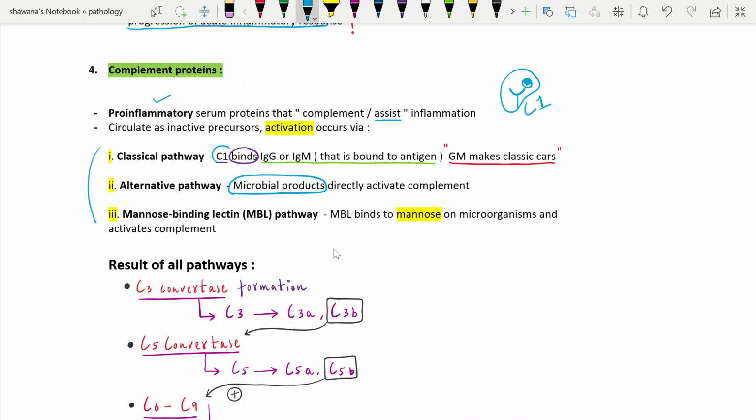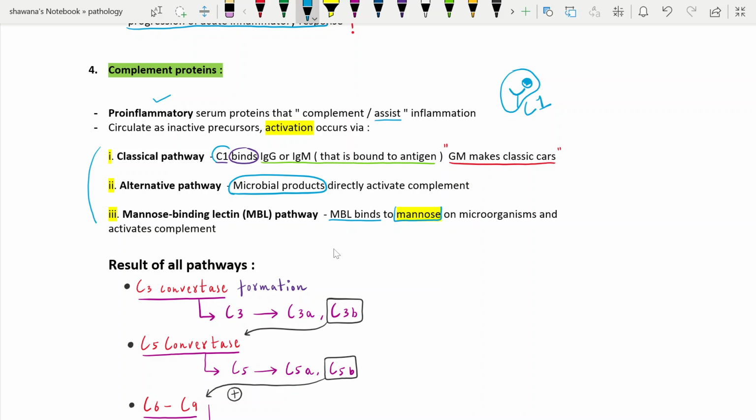It's very simple. And the third is the mannose-binding lectin pathway. Mannose-binding lectin (MBL) is a molecule that binds to the mannose present on the microorganism, and it is going to activate the complement proteins. These are the three ways by which complement proteins are activated.